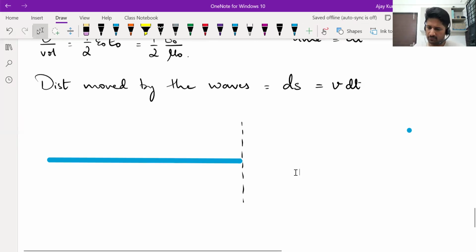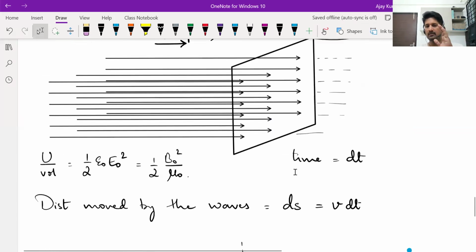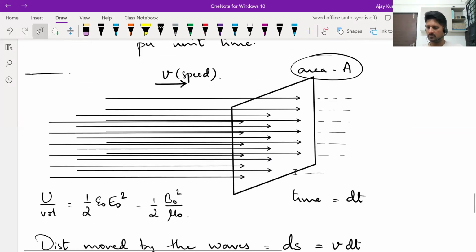But when this wave moves forward by some distance, the energy in that part of the wave passes through this boundary. That's the idea we are using. So in a small time dt, the waves move forward by a distance v dt.